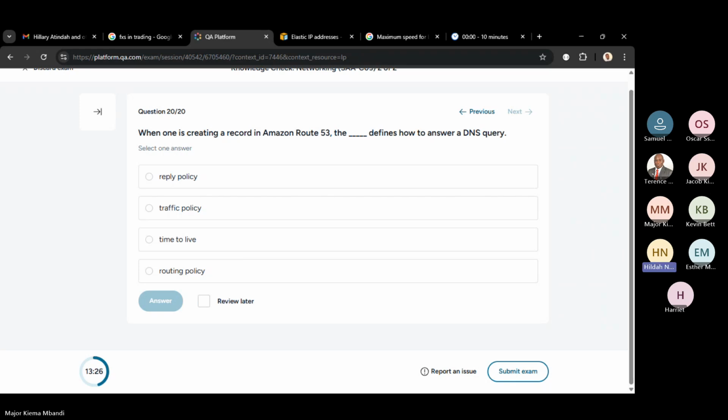Okay, when one is creating a record in Amazon Route 53, the dash defines how to answer a DNS query. Reply policy, traffic policy, time to live, routing policy. I'm not very sure.